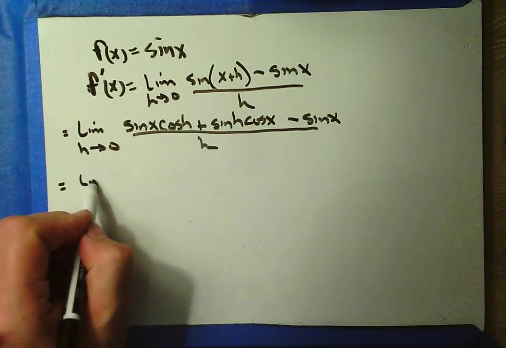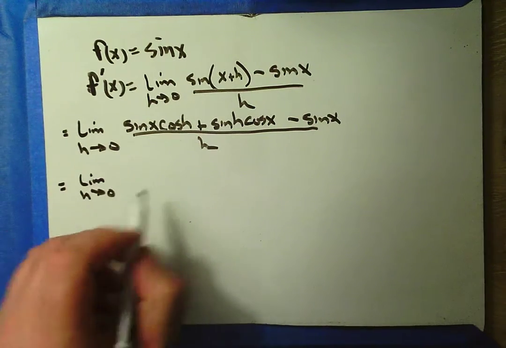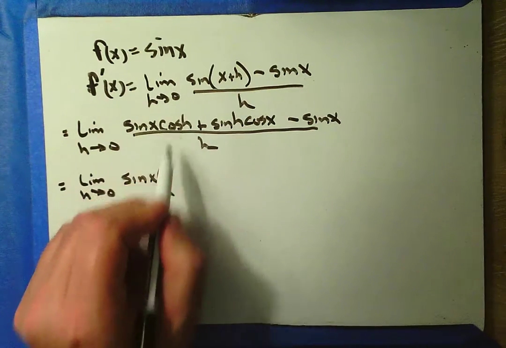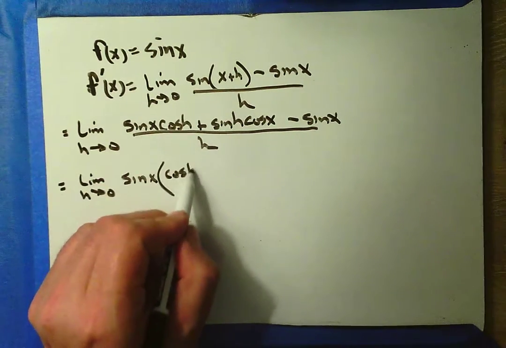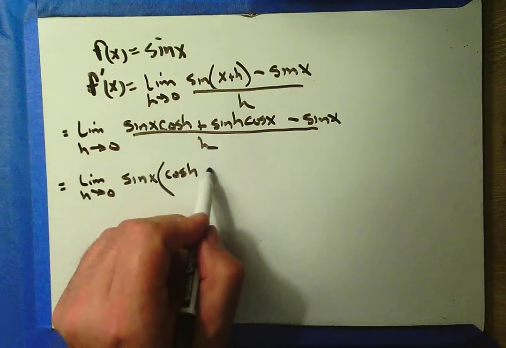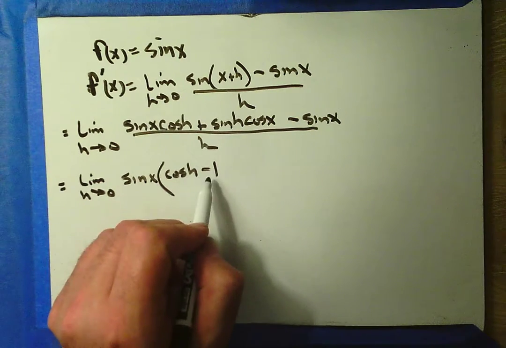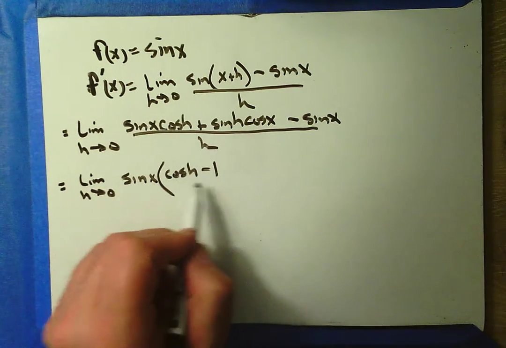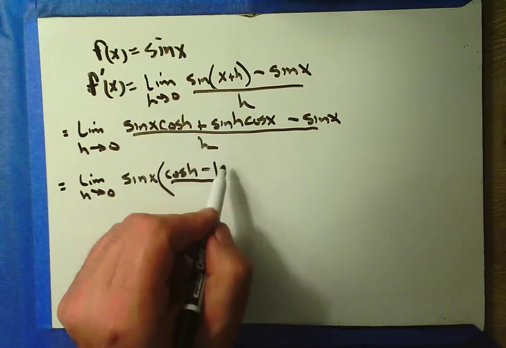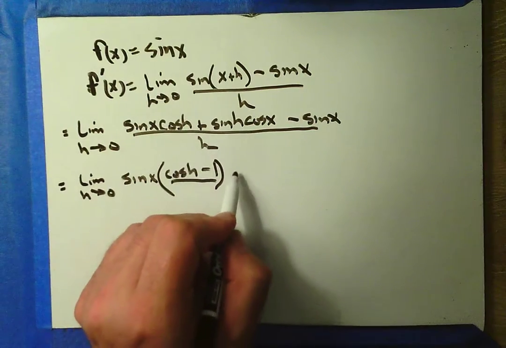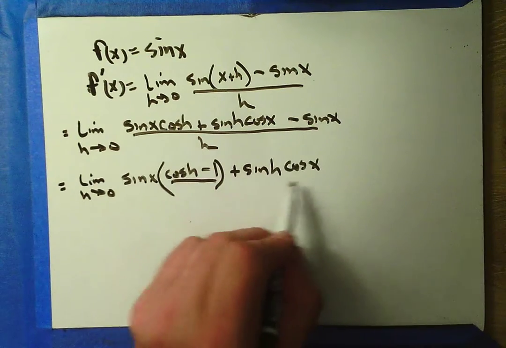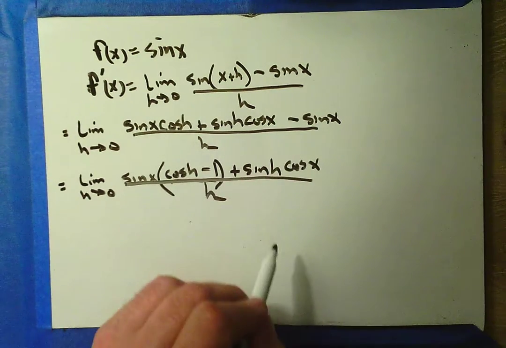So now this will look like the limit as h heads to 0 of sine x times cosine h minus 1, since when I factor a sine x out of sine x, I have 1 left over. On the bottom, just the h. And then we've got plus sine h cosine x, and all of this is over h.